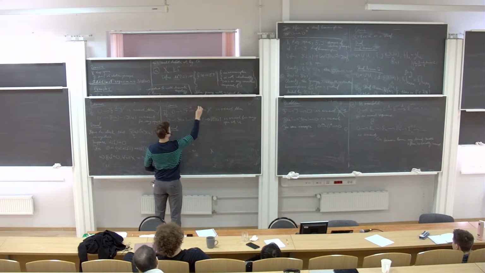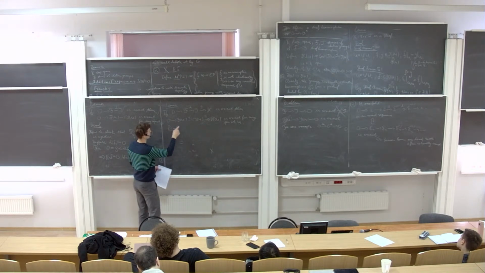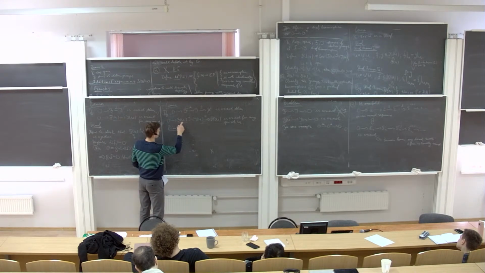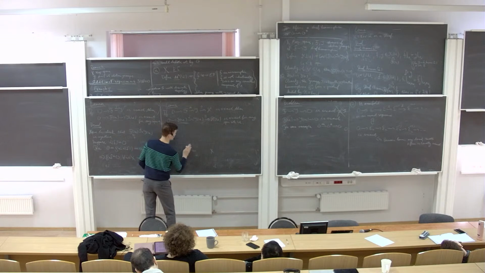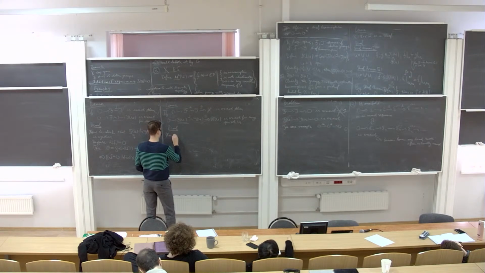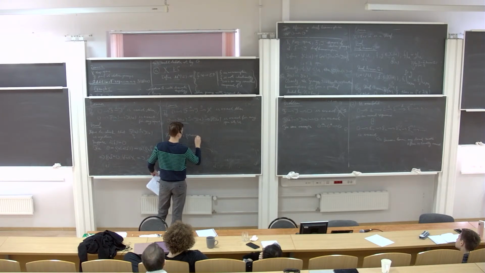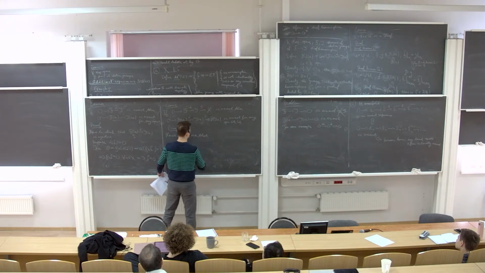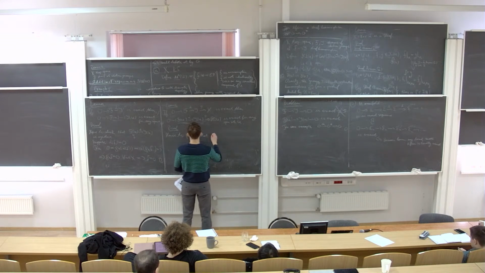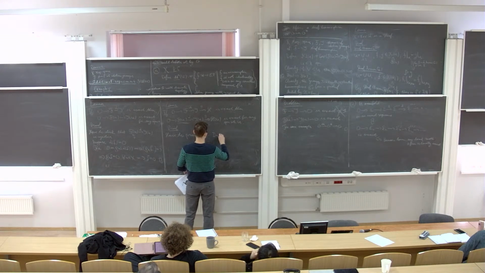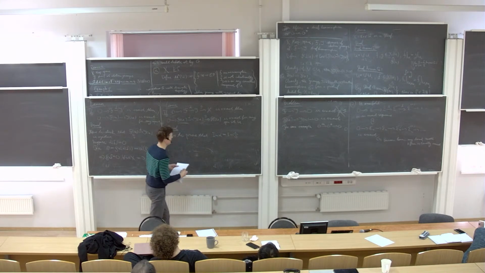So here let us call the maps alpha and beta. We already proved in the previous lemma the exactness at this term, so we only have to prove the exactness here. We have to prove that the image of alpha is equal to the kernel of beta.